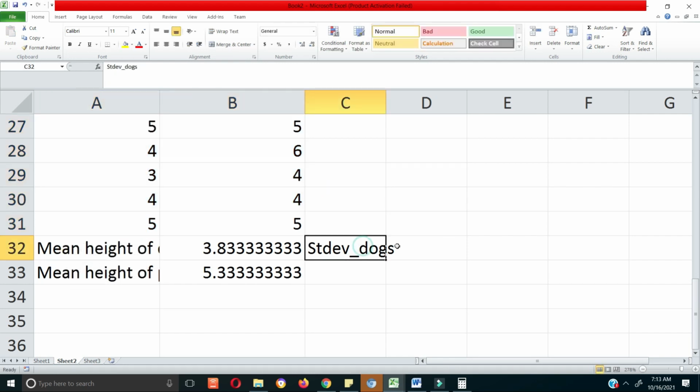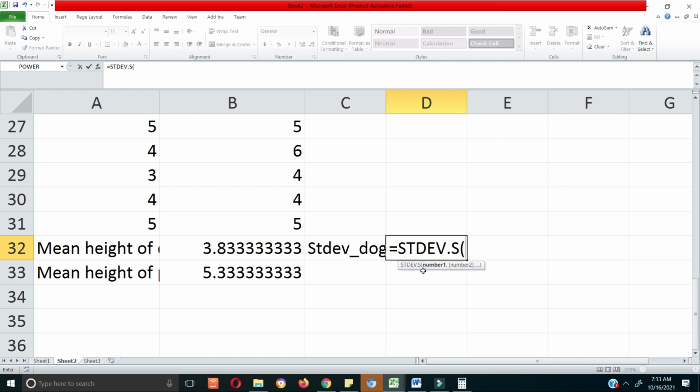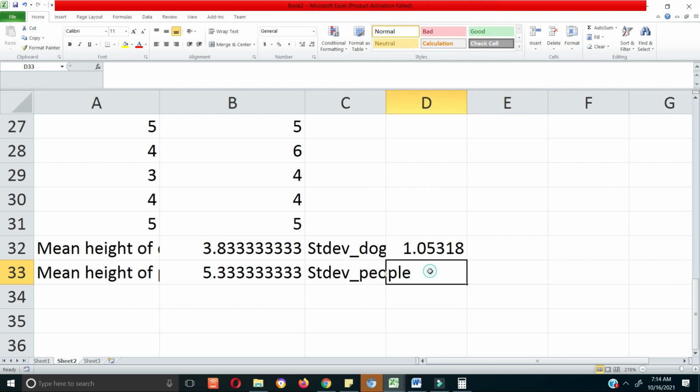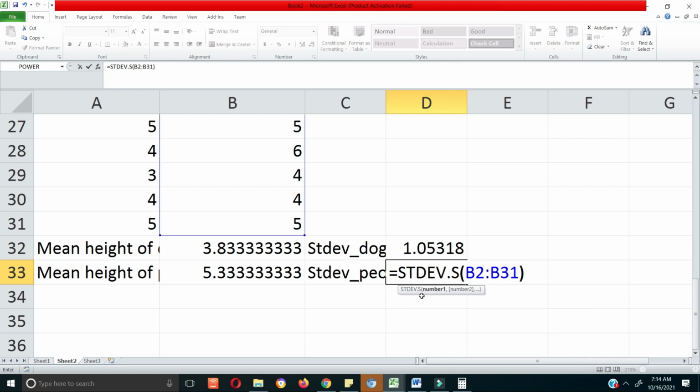So let's see the standard deviation of dogs. Sample standard deviation is going to be STDEV.S, and dogs go from A2 to A31. Then the sample standard deviation for people is going to be STDEV.S, B2 to B31.